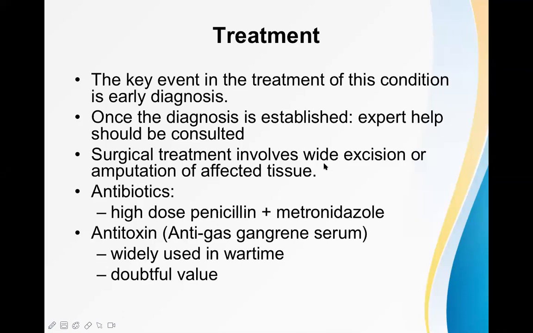Now you already know the principle of this. In the beginning, if you think you can save that particular organ or part of the body, we go for wide excision, because I don't want to sacrifice the limb. After amputation or sacrificing the limb, the quality of life of that patient will be horrible, isn't it?